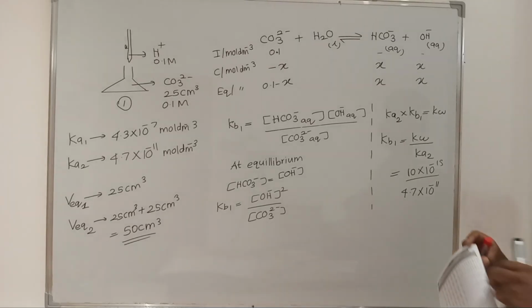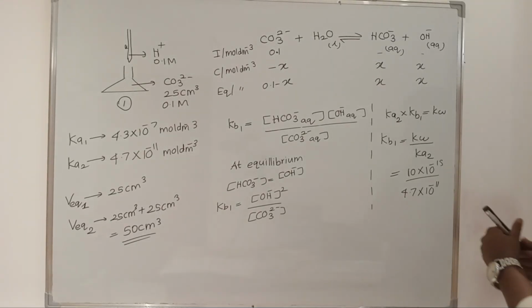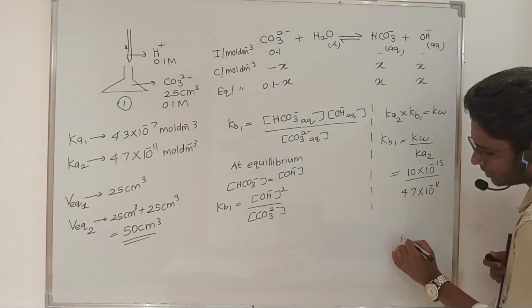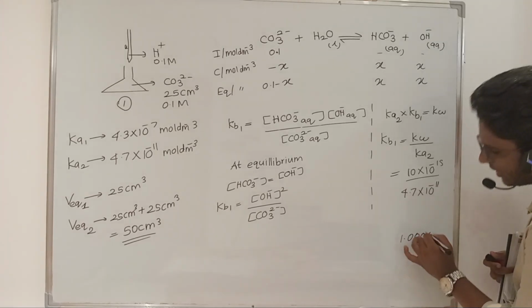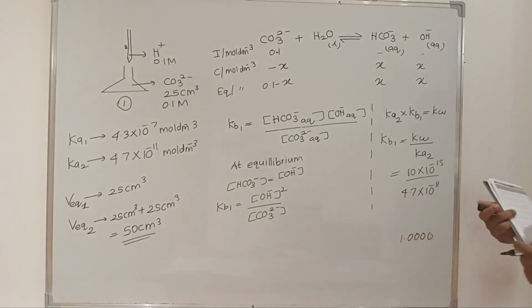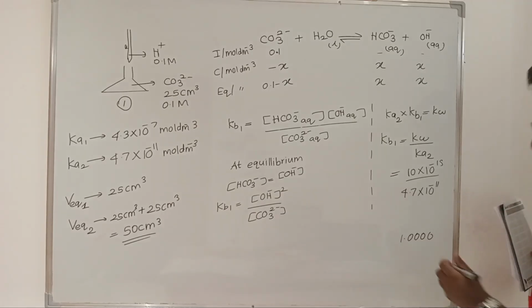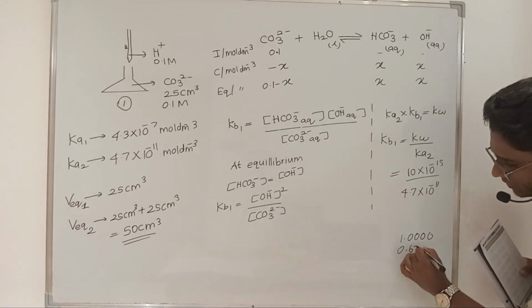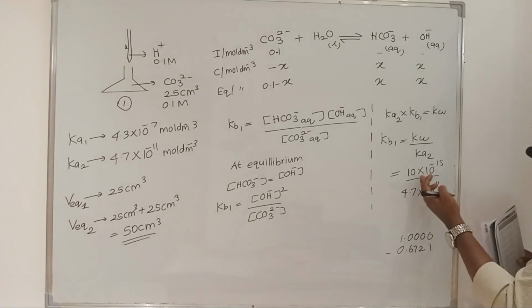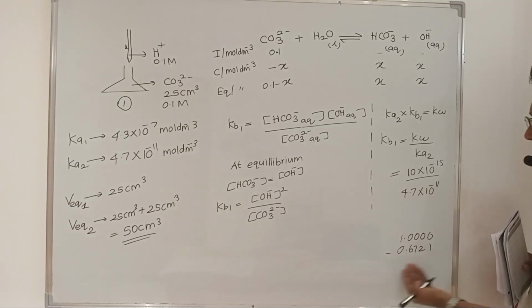Let me use the log tables. Log 10 is 1.0000, right? That is log 10. What is the log value of 4.7? It is 0.6721, right? So everyone knows, for division, if you take the log, it is subtraction.